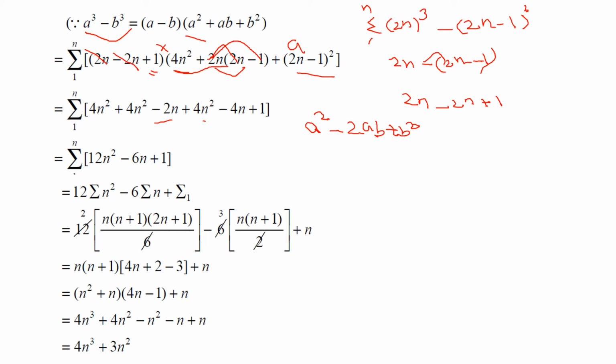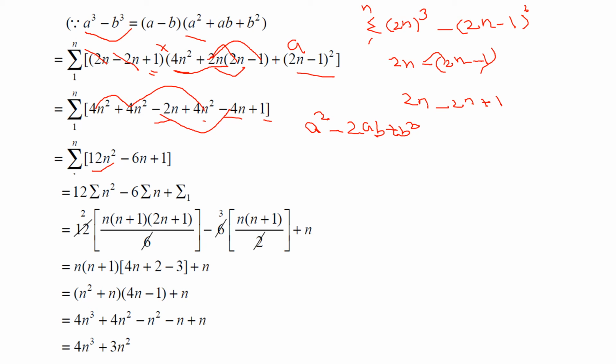So 2 into 2n, that is minus 4n, plus b squared, 1 squared, 1. Next, like terms add: 4 plus 4 plus 4, 12n squared, and minus 2n minus 4n like terms, so minus 6n plus 1.